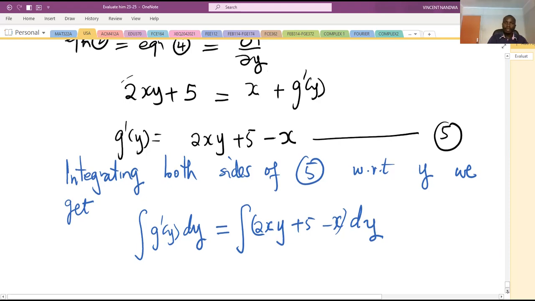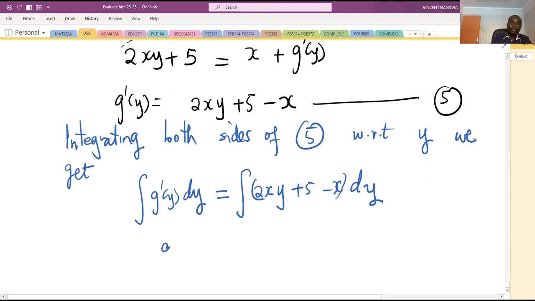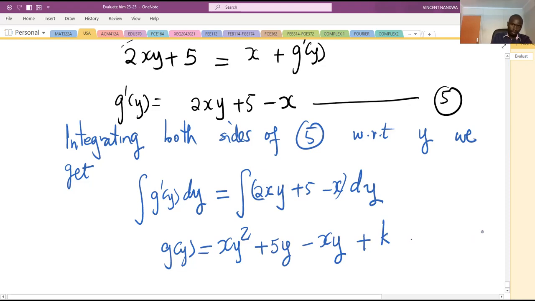So here we get g of y because this is the inverse of this. This with respect to y will be simply xy squared, because we have 2 power 2, then dividing by 2, cancel these 2. And then plus 5y and then minus xy. Then plus a constant of integration. So I'll call this one equation 6.